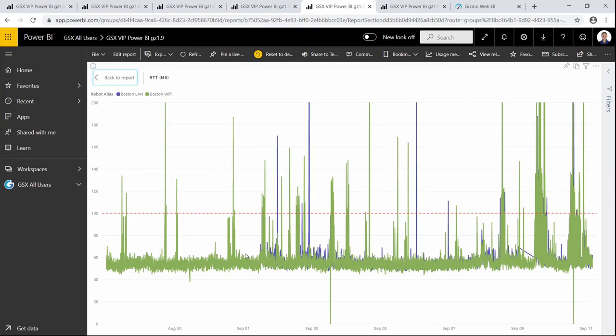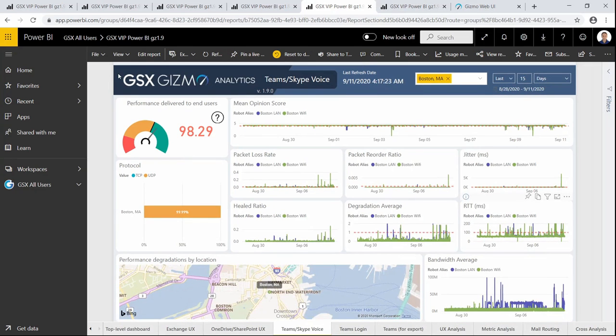The Wi-Fi is almost always over the LAN, and so provides not as good performance. So it's unfortunate, but it's still the reality. So really, if you have a remote user who is complaining, first thing, connect on LAN and check it out. It might solve half of the issues.